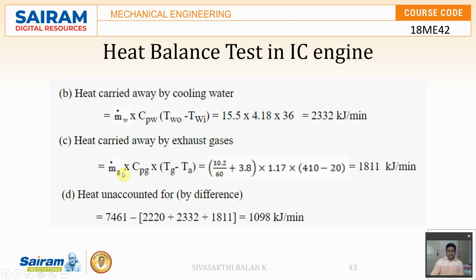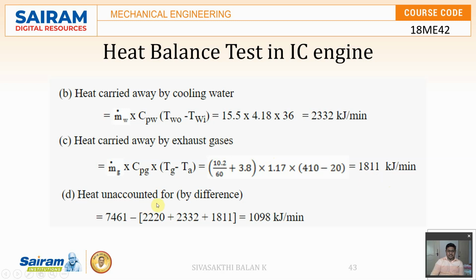The mass flow rate of exhaust gas is nothing but the sum of the mass flow rate of air and the mass flow rate of fuel. The C_pg value is given in the problem, and the temperature of the exhaust gas and the surrounding temperature are given. Substituting all the values here, we get 1811 kilojoules per minute as the amount of heat carried away by the exhaust gas.